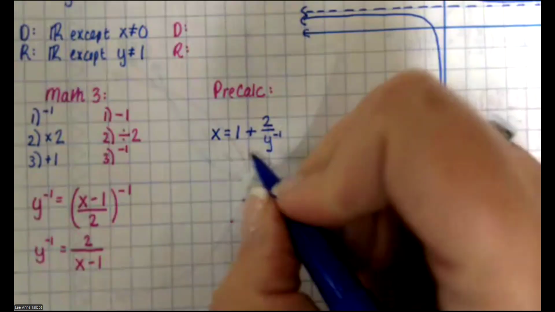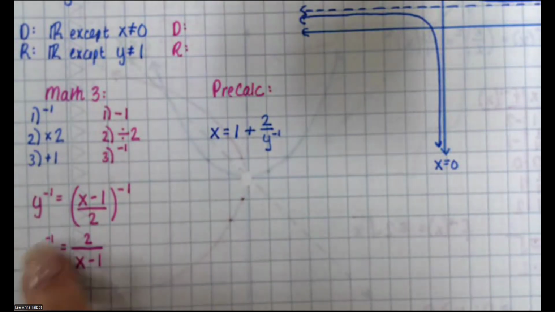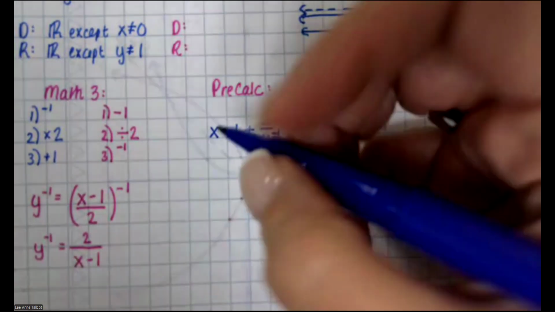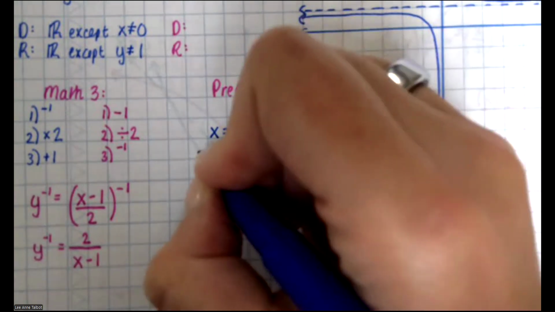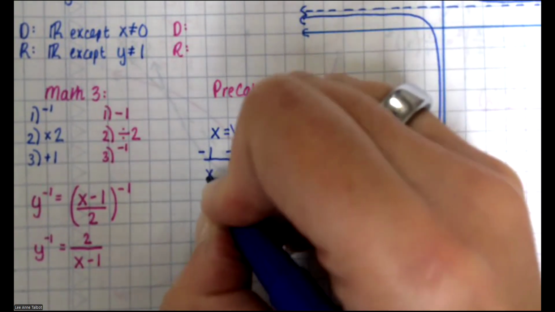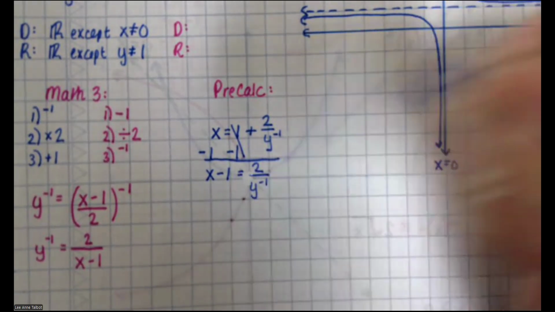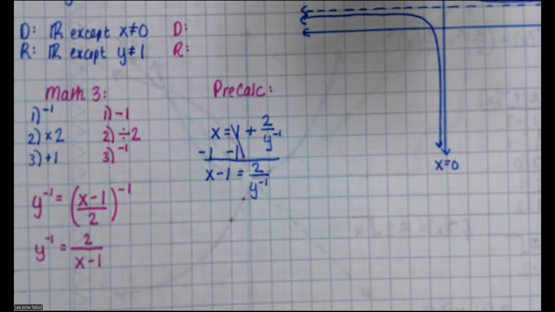Okay, so now we want to get y inverse by itself, so it looks like this. So the goal is to get it to look like this guy. So -1 from both sides. Do you see where it's going? Okay, now right here you have two options.